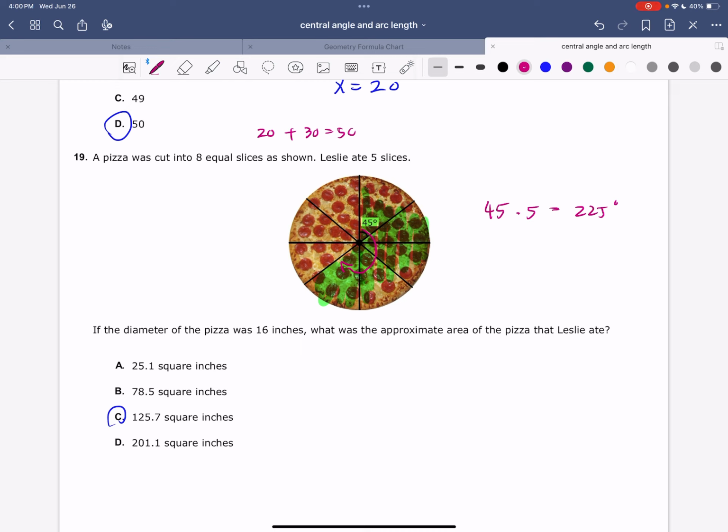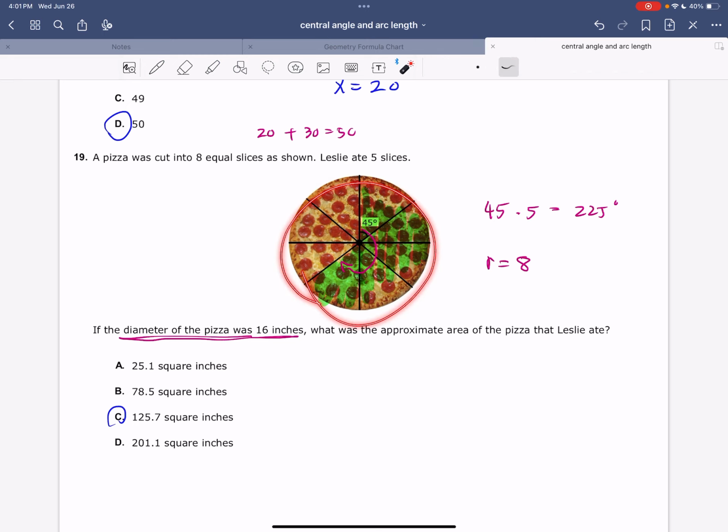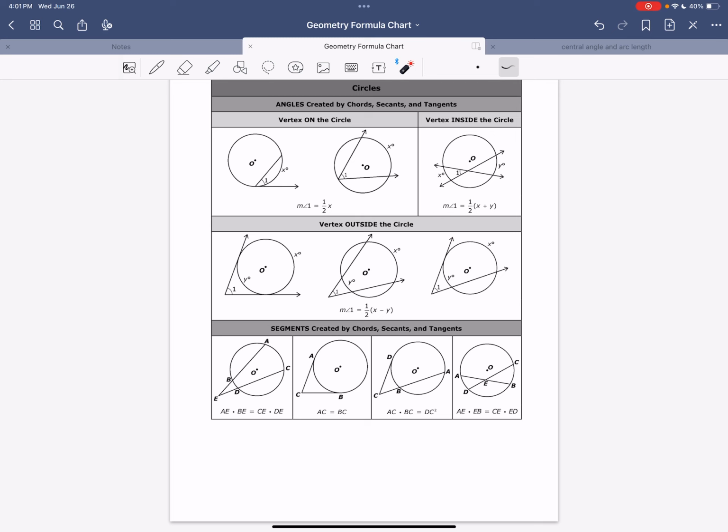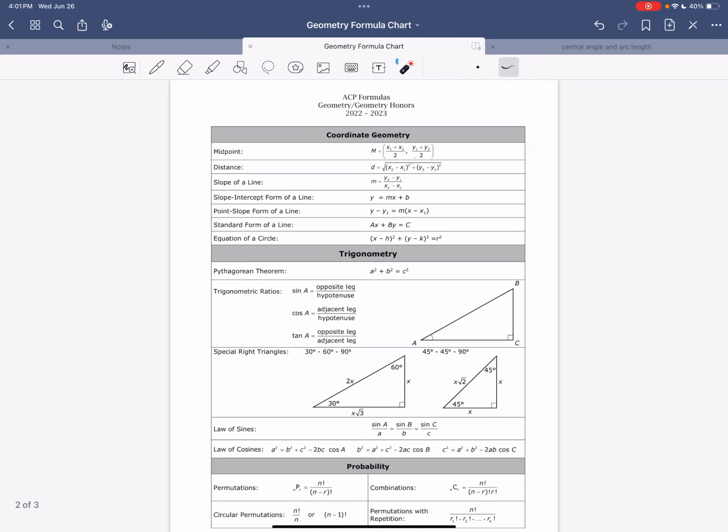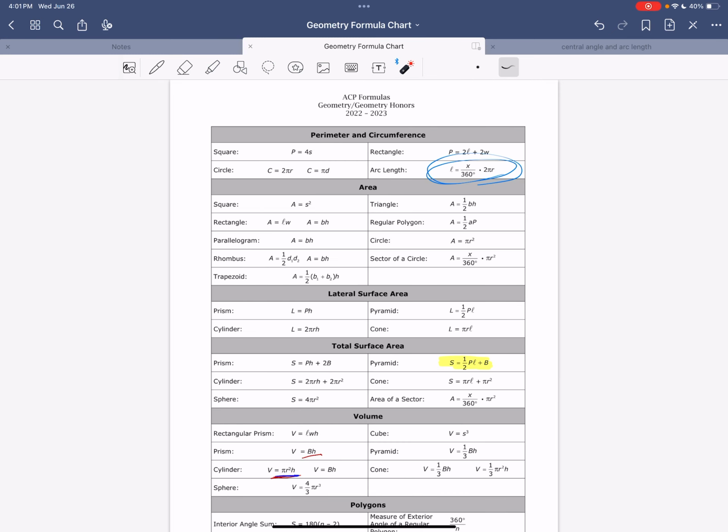So the diameter of the pizza was 16 inches. And what was the approximate area of the pizza that Leslie ate? So diameter is 16, so radius is going to be 8, because that's the diameter, right? We're not going to find the entire circle. We're going to use only part of the circle. So this one is what? It's not arc length, it's going to be sector of a circle.